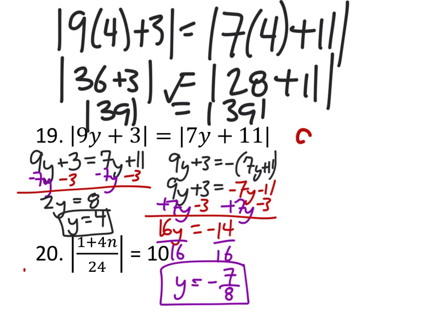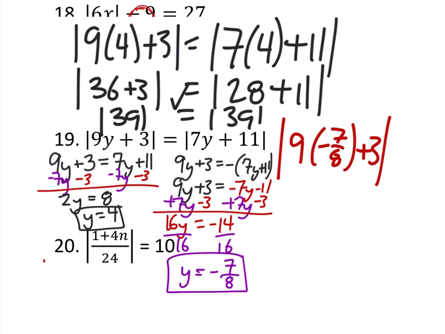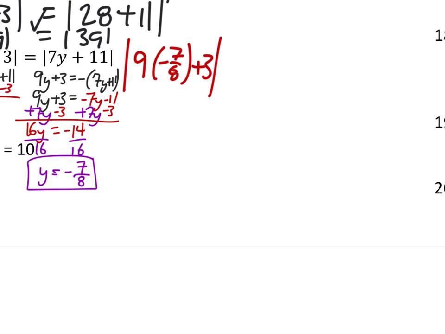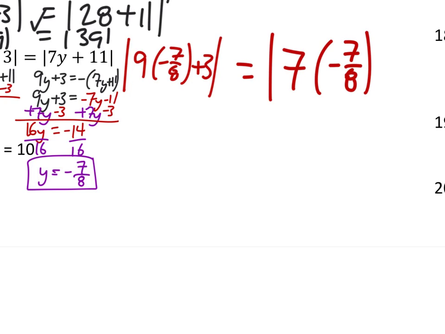So we have the absolute value of 9 times negative 7/8 plus 3. Sorry, I guess I need some more space. This will equal the absolute value of 7 times negative 7/8 plus 11.